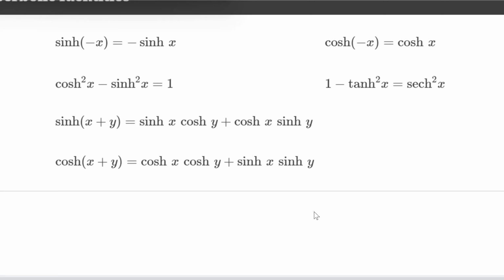So the sine of negative x is the same as negative sine of x. The cosine squared, in this case, it's cosine squared minus sine squared instead of cosine squared plus sine squared is equal to 1. The 1 minus tangent squared is secant. So those rules still apply. The angle addition rules still apply. So the rules are still very similar in action.